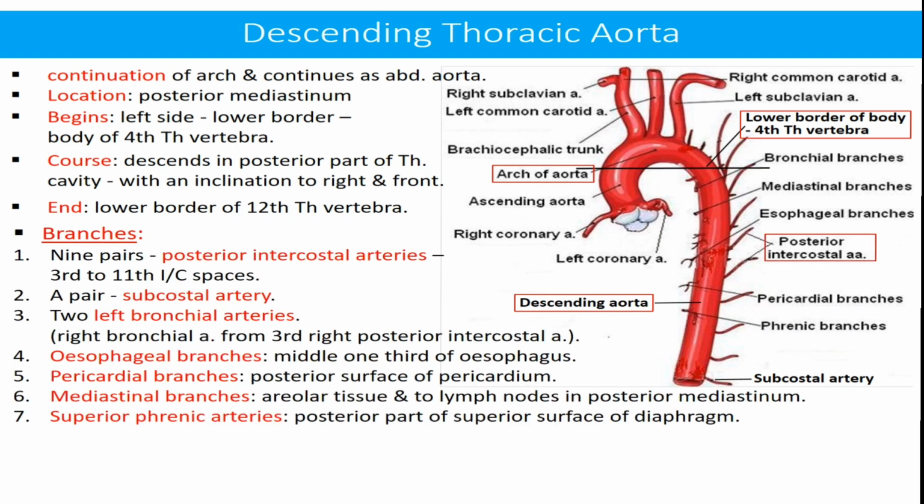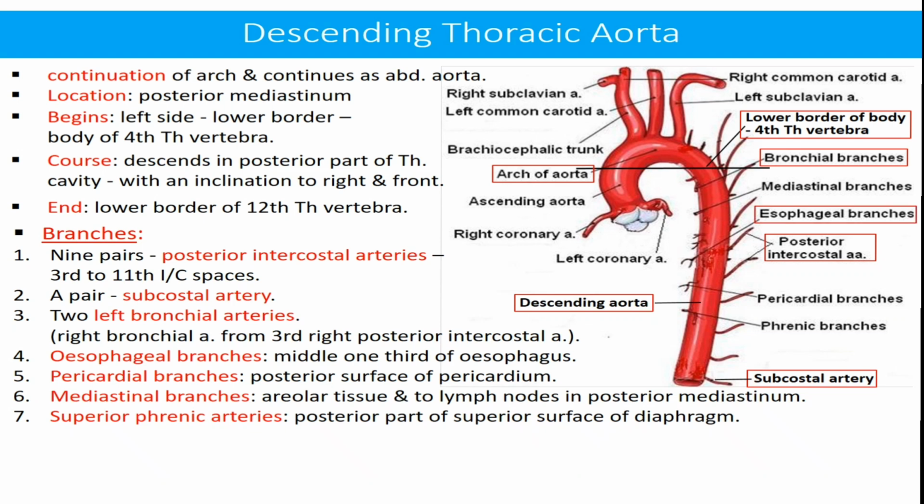Number 1, nine pairs of posterior intercostal arteries, a pair of subcostal arteries. 2, left bronchial arteries. Right bronchial artery originates from the right posterior intercostal artery.